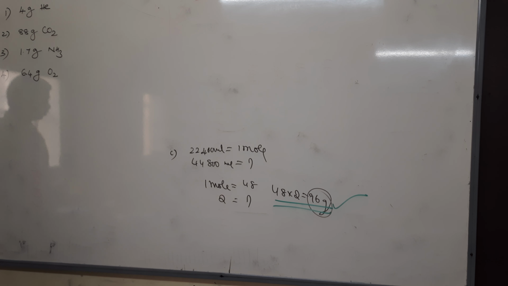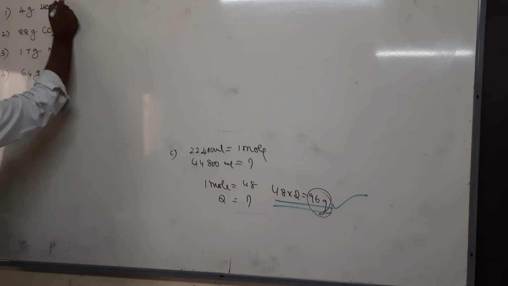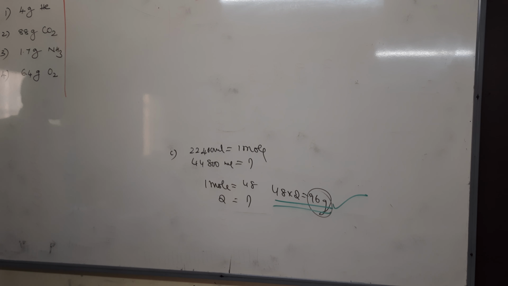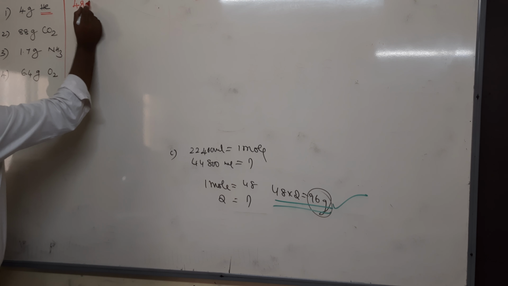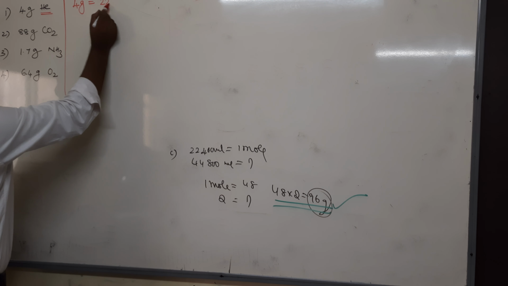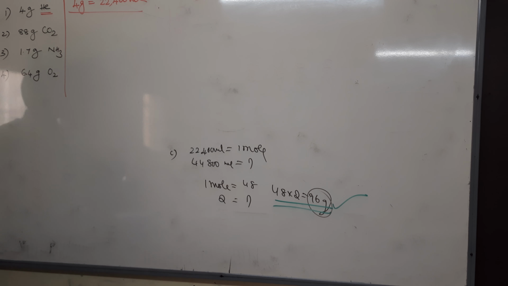No idea. Okay. Second one. Let's see. Tell me the relation between mass and volume. It is 4 gram, no? What is the atomic mass of helium? 4. Therefore, 4 gram helium is equal to what volume? 22,400 ml.